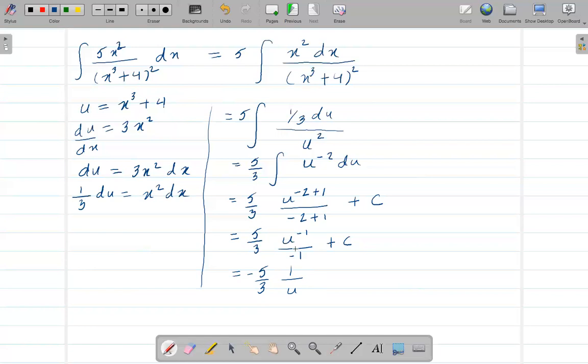So if I move this u to the denominator, this power will be positive, right? Plus c. Okay, now substitute this back to x. So this will give -5 over 3, 1 over x to the power 3 plus 4 plus c.